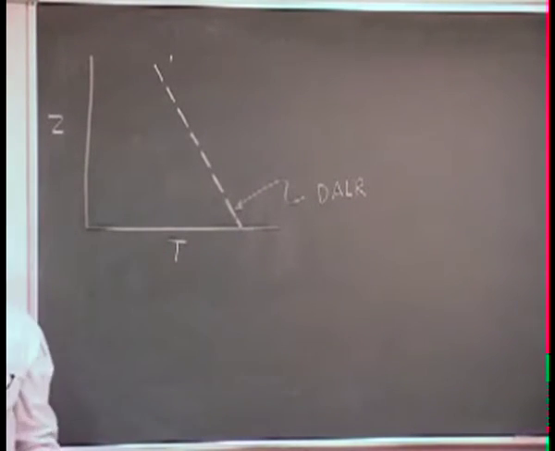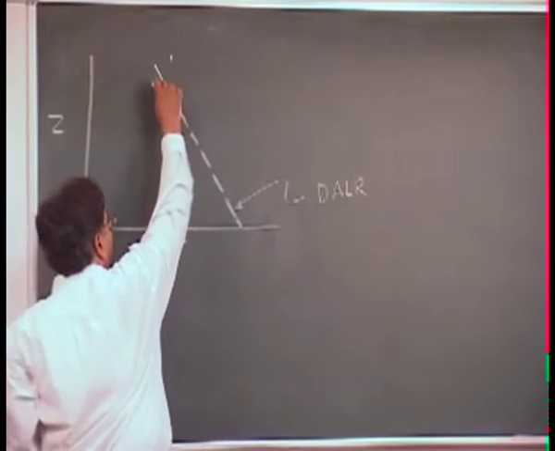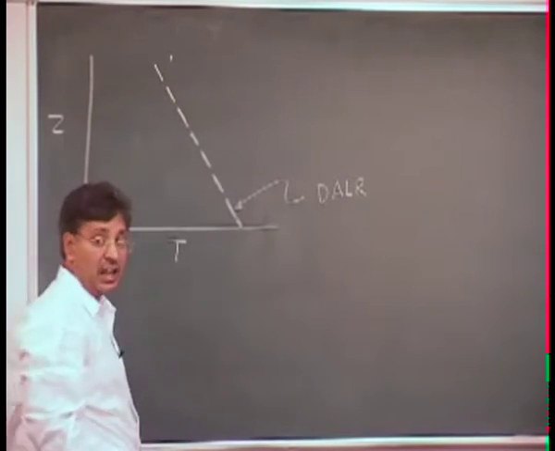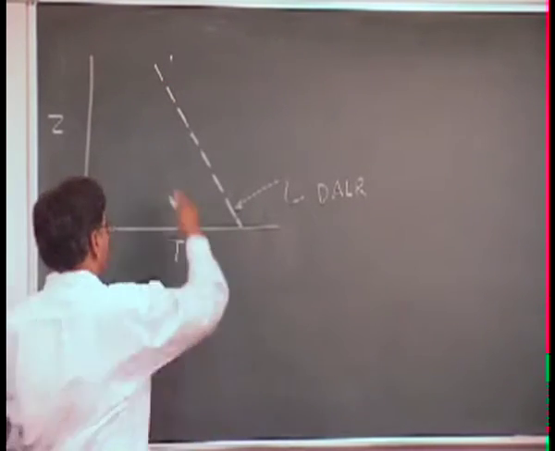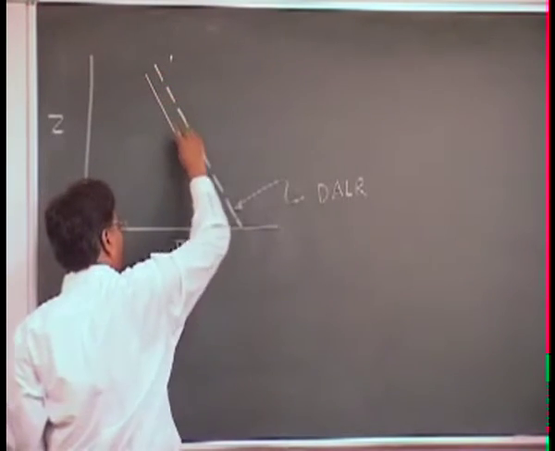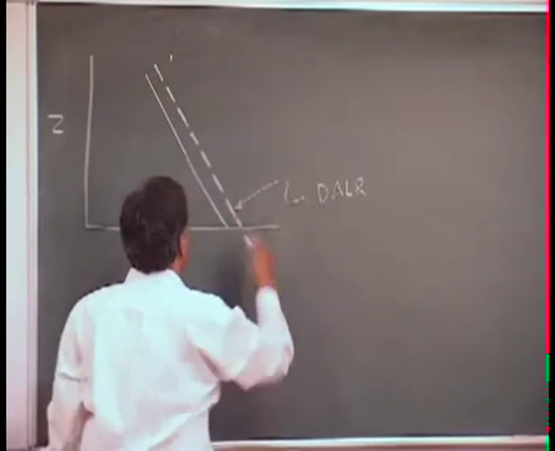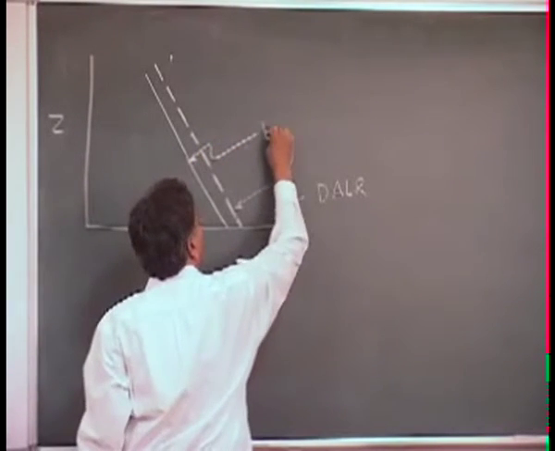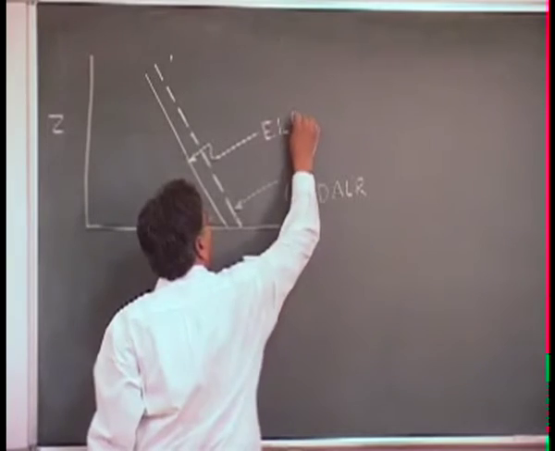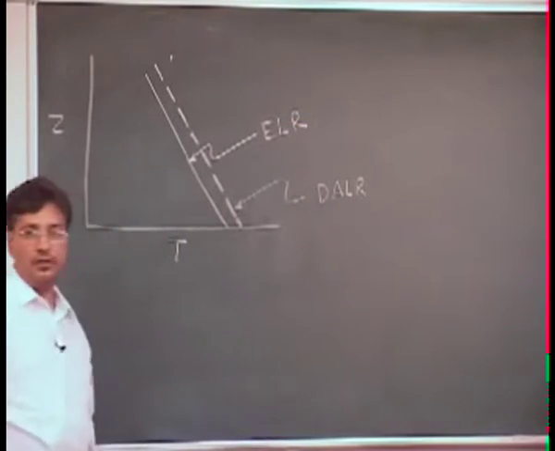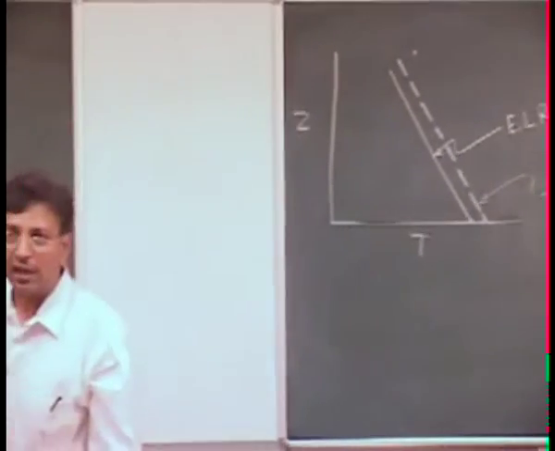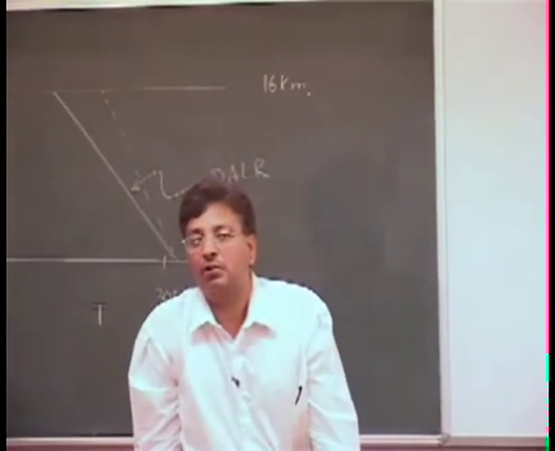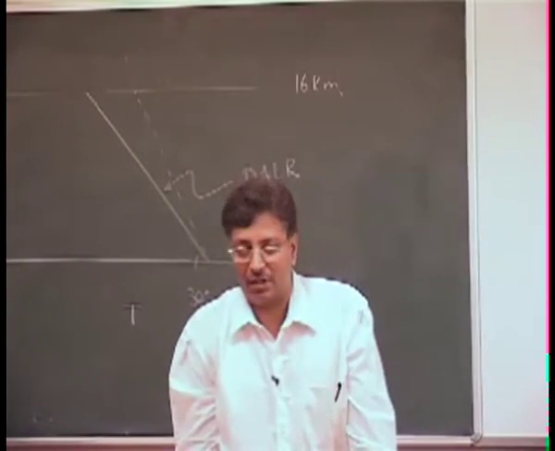Suppose I went and really measured the temperature with respect to height in the atmosphere, and I got a temperature profile. What you see here, the solid line, is the actual thing. So no confusion: DALR and ELR. ELR is my actual, and I like to call it the environmental lapse rate.